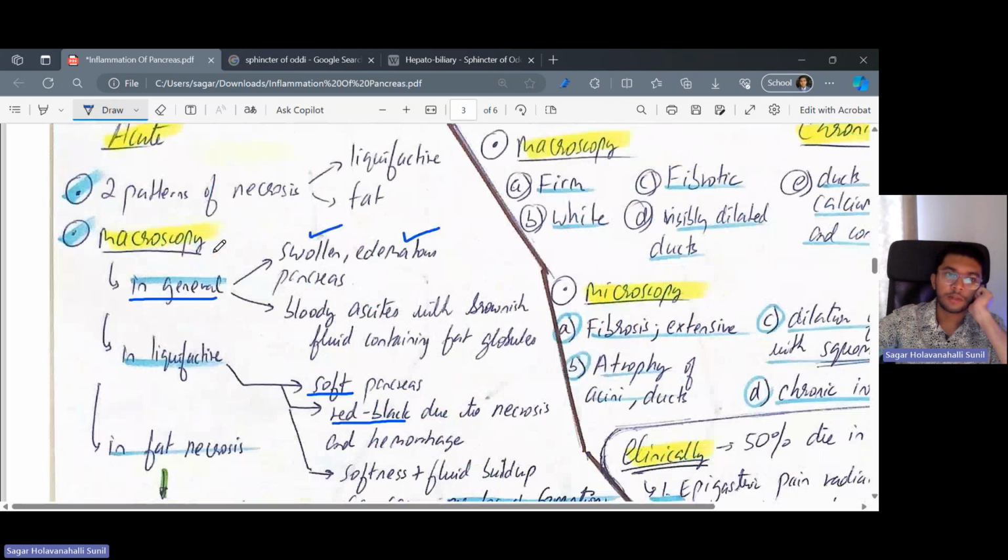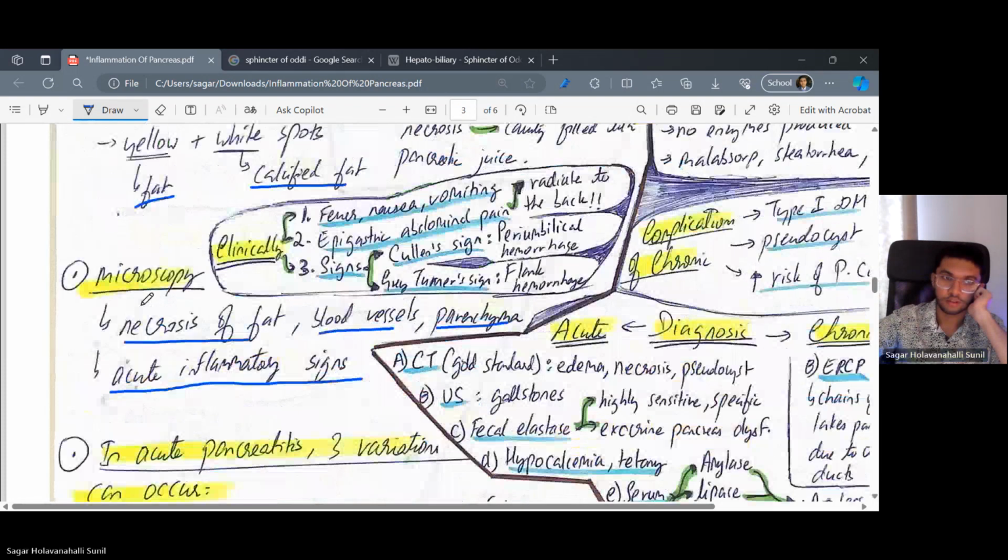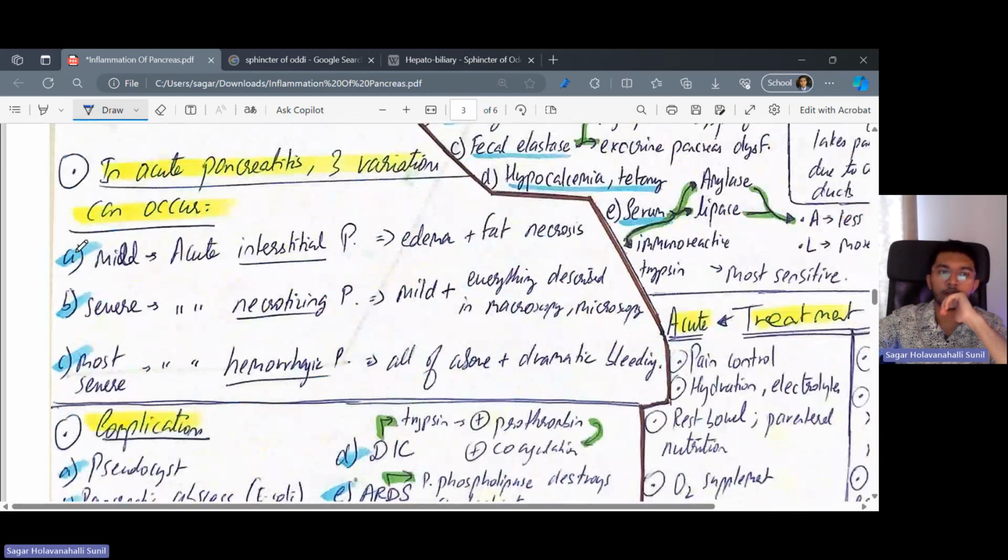When you combine all of these, you will get three different variations of pathology: mild, severe, and most severe. All of them have acute in the names, and all of them have pancreatitis. The only difference comes in whether it's interstitial, necrotizing, or hemorrhagic. In interstitial, you'll have edema and fat necrosis.